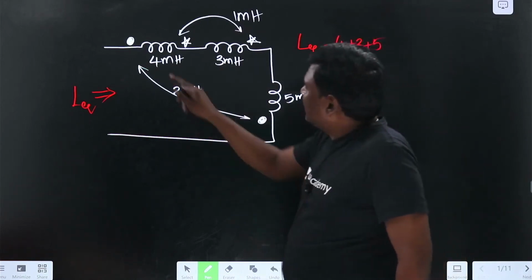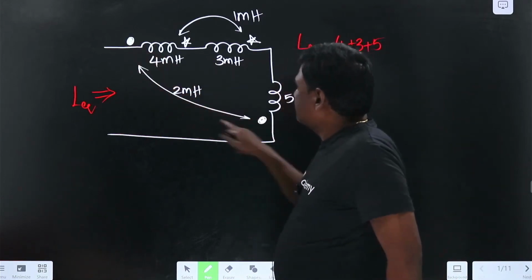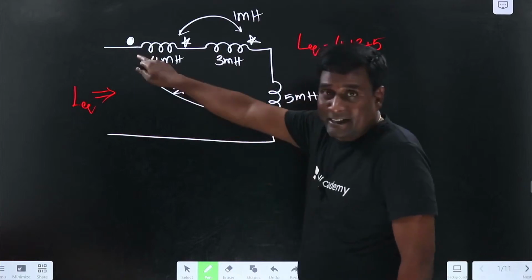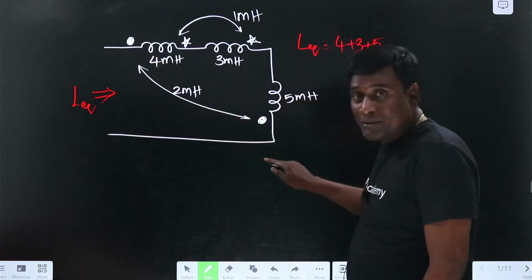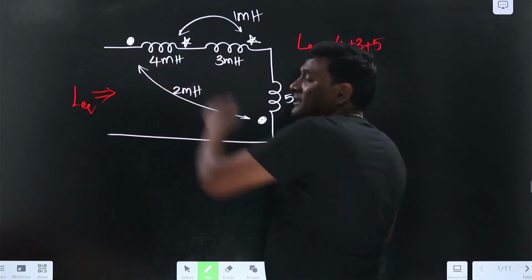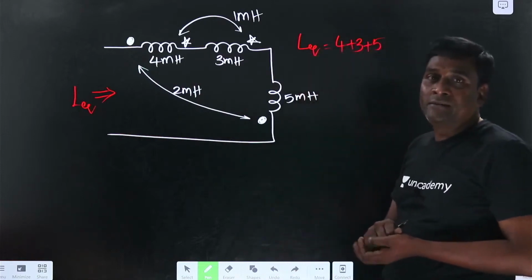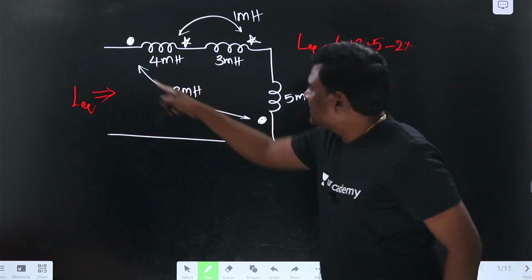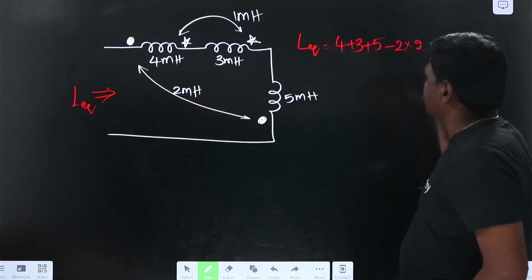After that, see between this dot and this dot, circle and circle, here current is entering into the dot, here current is leaving from the dot. Okay, so here to here, is it going to be aiding or opposing? So minus 2 into how much is this? 2 millihenries, so 2.